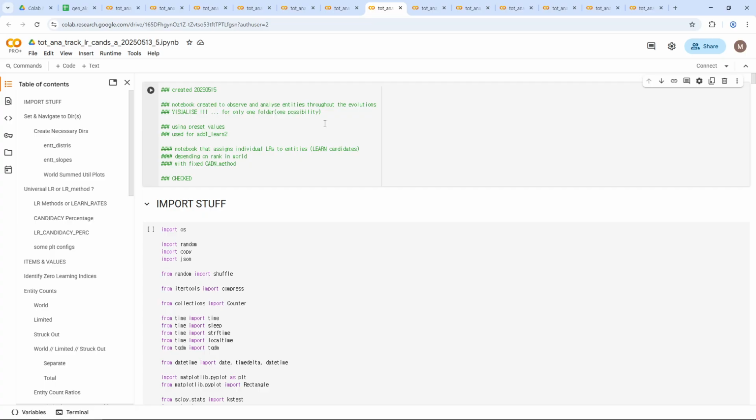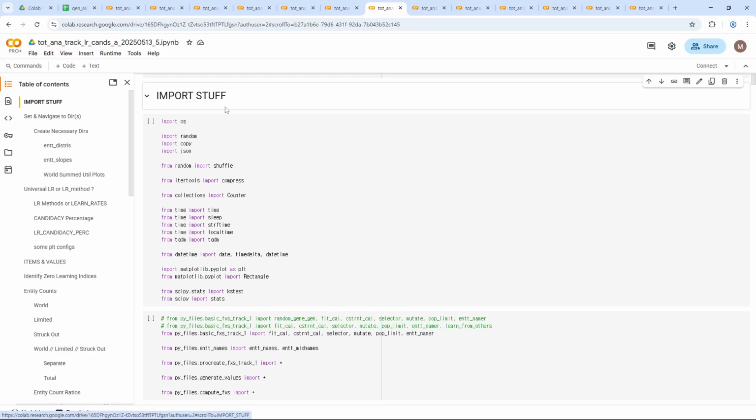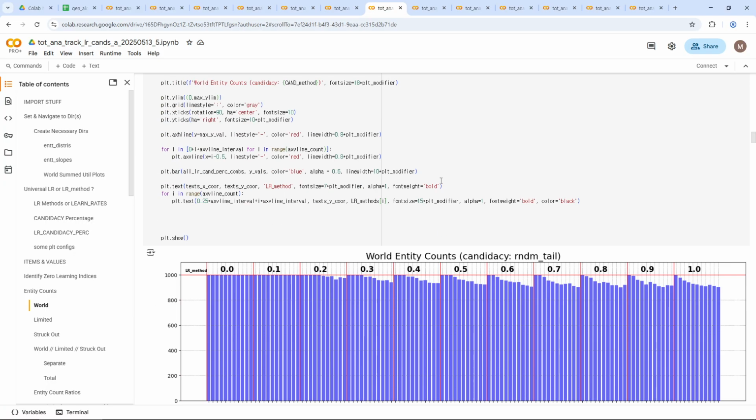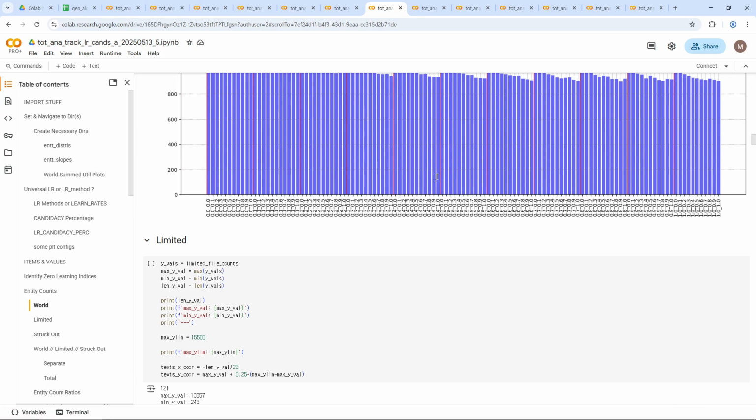Yeah, I'll revisit these. So the next notebook is 0513_5. This is where the candidate method is at random or uniform, depending on what you would like to call it. And here are the entity counts.